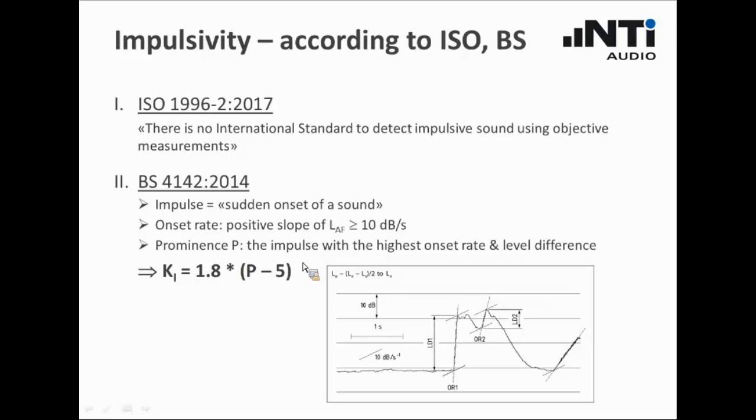But what is important, you have to know that you have to apply this measurement. You need a measurement system that can do this analysis in order to detect the impulses according to the standard and to correctly calculate the corresponding penalty that results from a detected impulse.